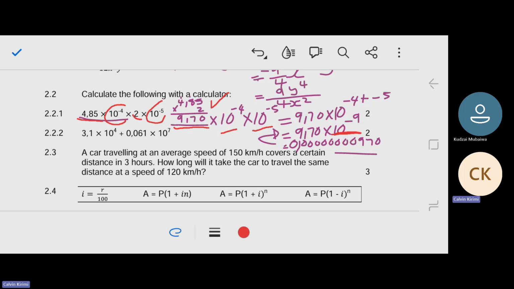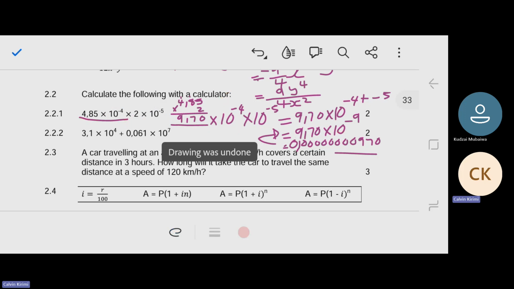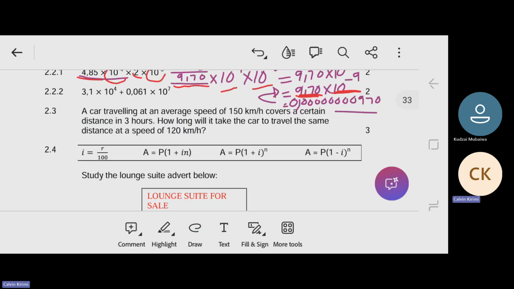And your answer already was 9,70 times 10 to the power negative 9. Suppose you got an answer like 19 here, you put that 19,70 in standard form.